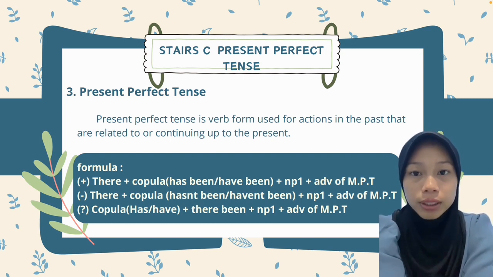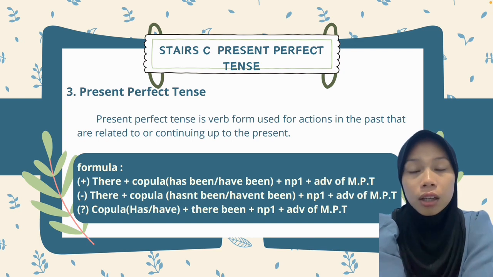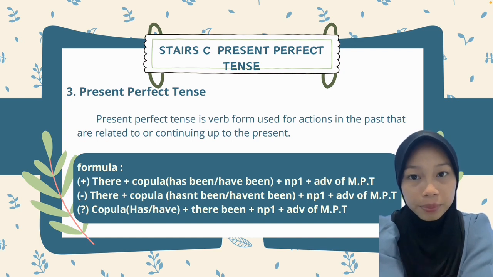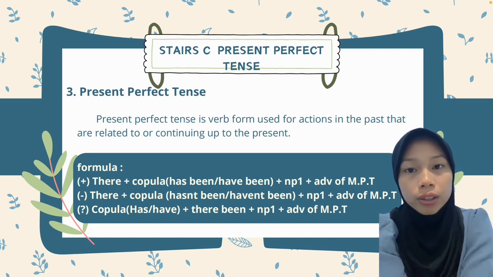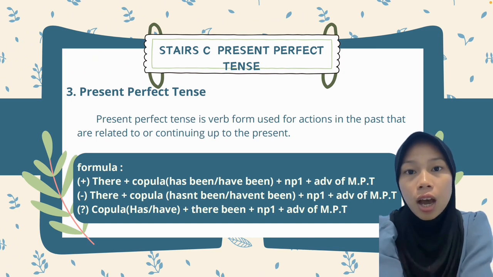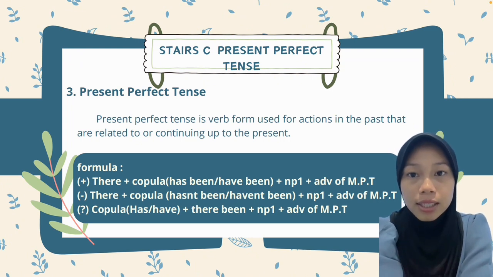For example, positive sentence, there have been girls from Batam recently. And for the negative sentence, there haven't been girls from Batam recently. And the last is the interrogative sentence. Have there been girls from Batam recently?